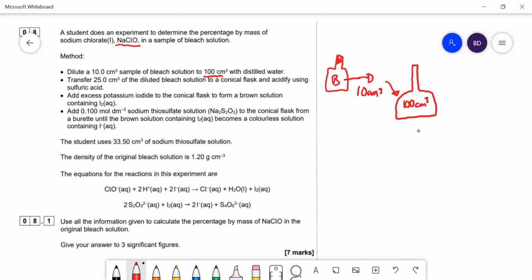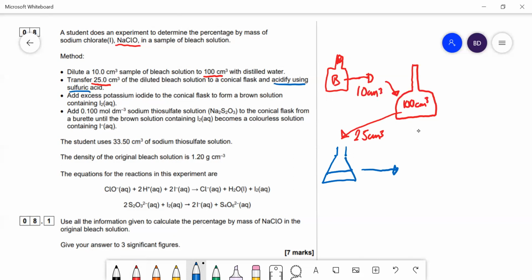Then you're going to take 25 of this solution out and put it into a conical flask. Then you're going to acidify, adding sulfuric acid.